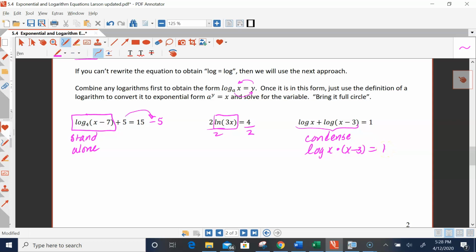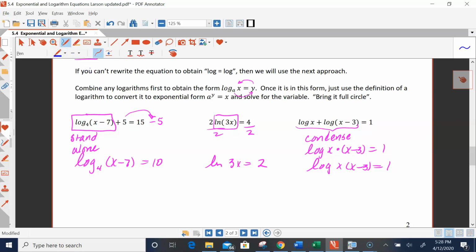So I need to have my logarithm standing alone. Log base 4 of x minus 7 equals 10. ln 3x equals 2. Log of x times x minus 3 equals 1.